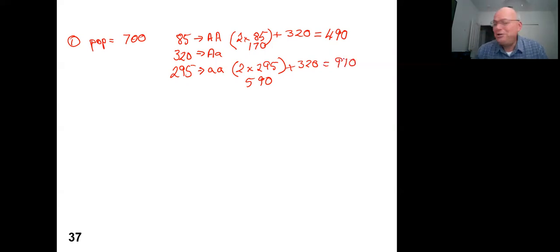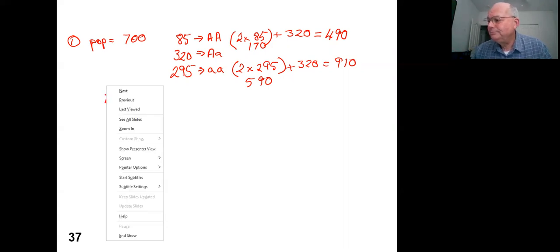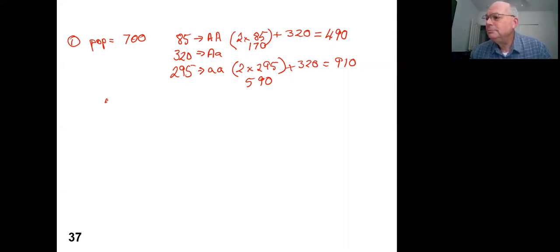Now we've got 700 individuals in the population, each carrying 2 alleles. So the gene pool equals 2 times 700, because there's 700 individuals, each with 2 alleles, which equals 1,400 alleles in total.